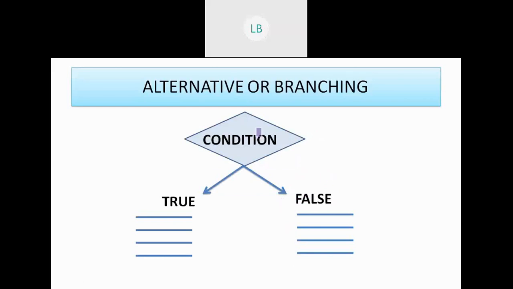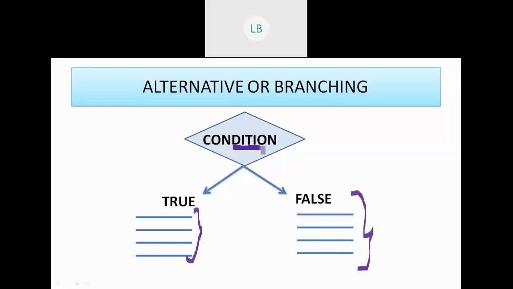The next one we have is alternative or branching. This is also called a conditional statement, where you have a condition. Based on the condition, the control will jump to this segment or the other one.